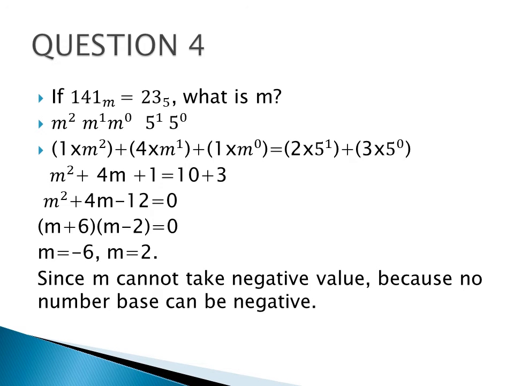So that's going to give us a quadratic equation, and solving it, we have m plus 6 times m minus 2 is equal to 0, which means that m is minus 6, and the second m is going to be 2. But we cannot use a negative number since we are dealing with a base. We'll definitely take the positive number, which is 2. So m is equal to 2.